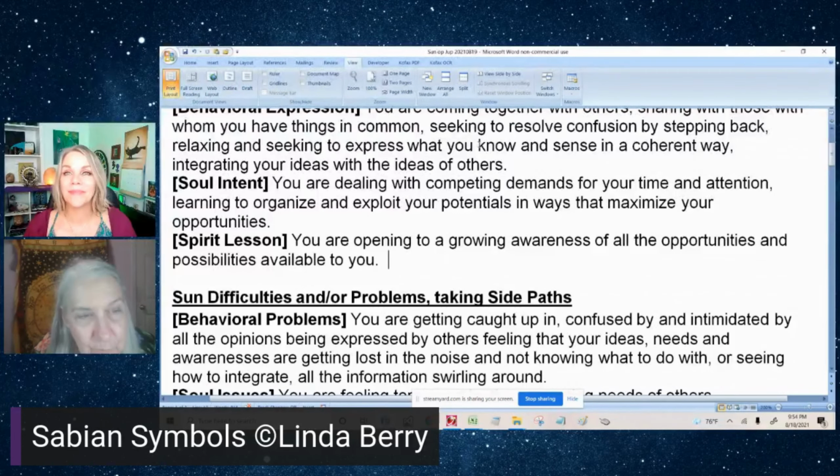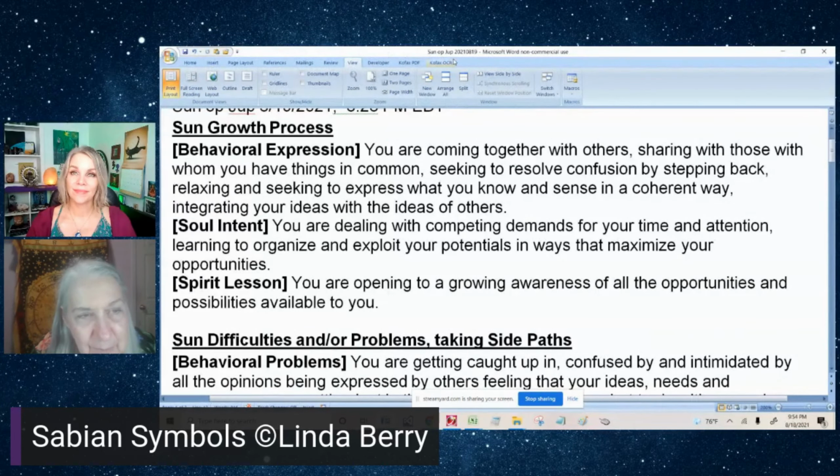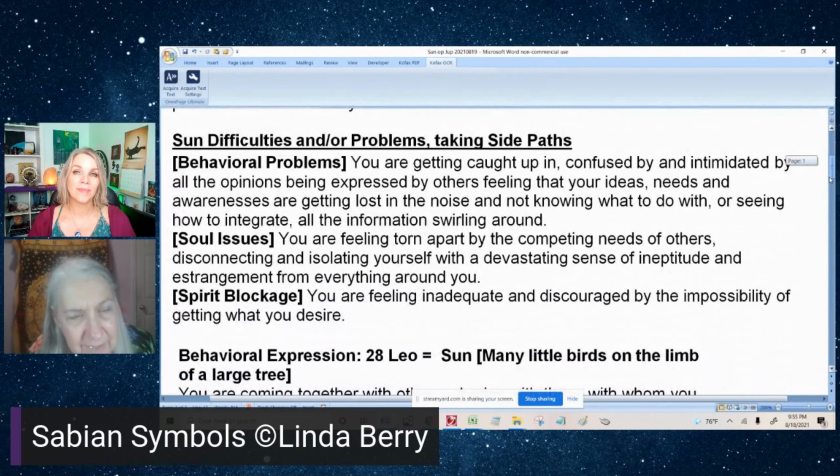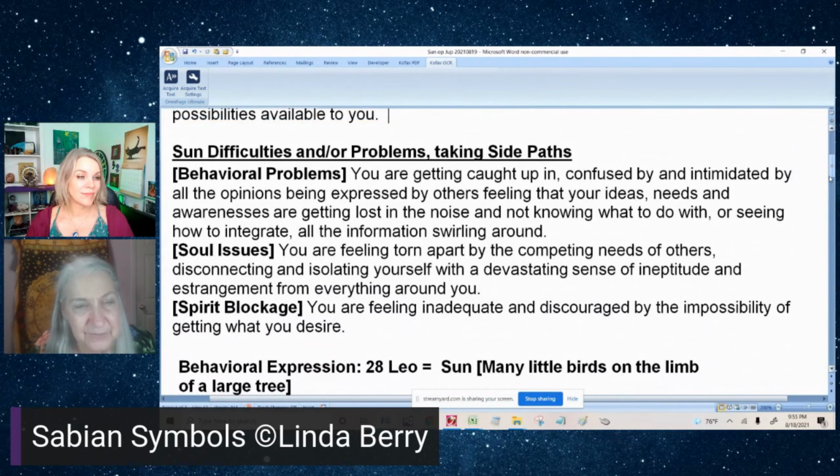Now, this is the most effective growth process expression of the Sun's energy as it's coming through this opposition. But sometimes we have trouble doing it. And here are some indicators, some signs along the road that indicate that you may need to stop and think about this and make a shift to what we just talked about.